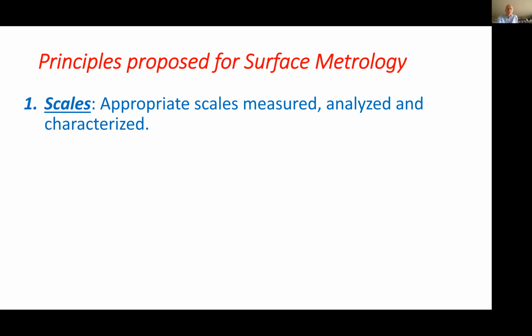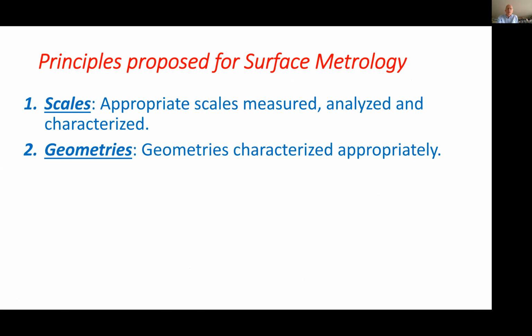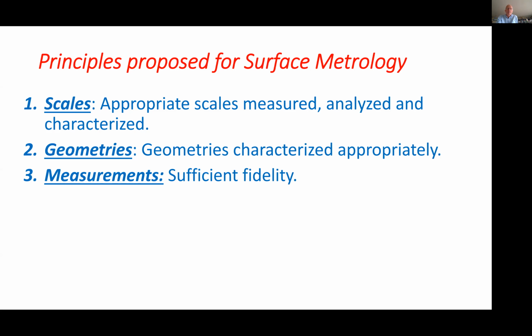One, scales. We need to measure, analyze, and characterize at appropriate scales for that application. The geometry, what we're characterizing, curvature or area, for example, must be characterized appropriately for that application, not just picking any 1930s parameter. Measurements. We just need sufficient fidelity. How can we tell?